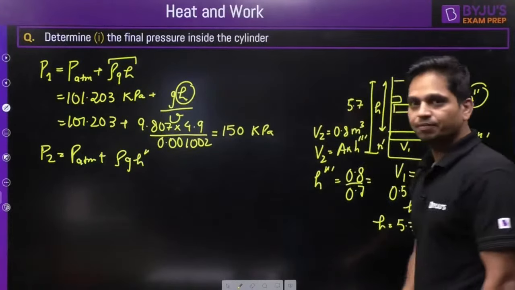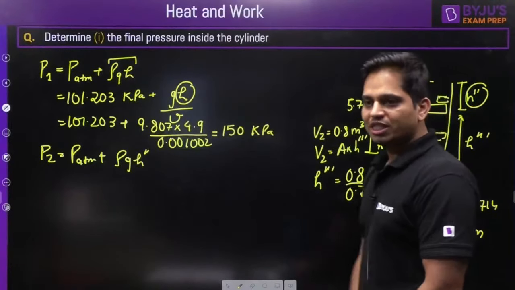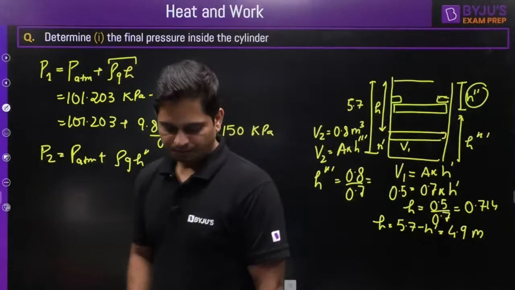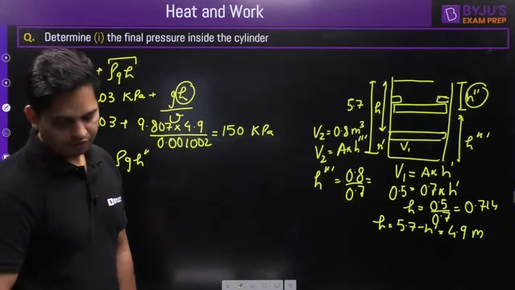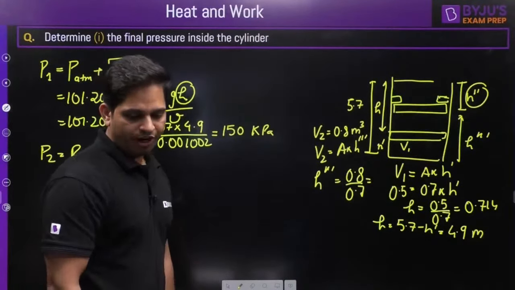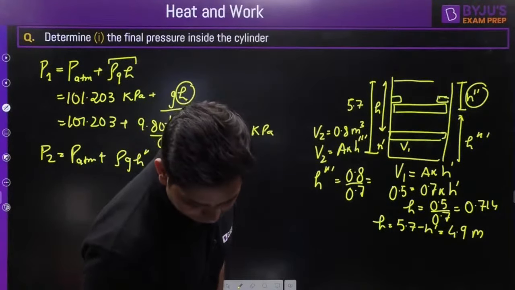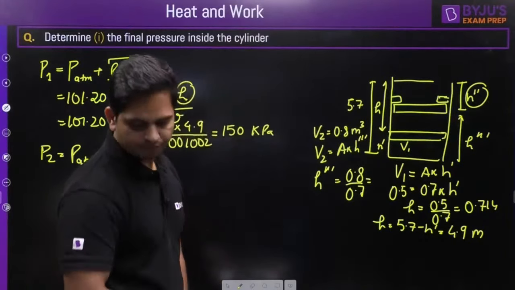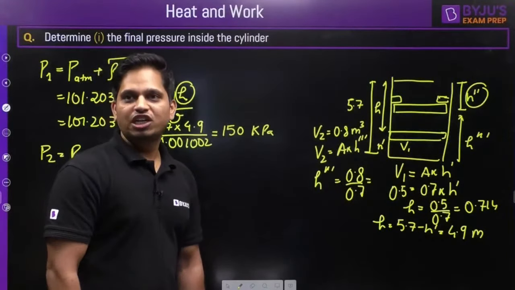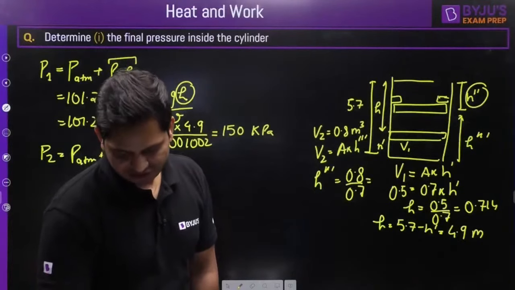How much is it? h double dash is 4.1. That is correct.